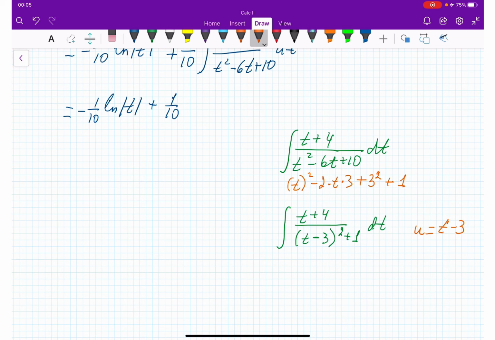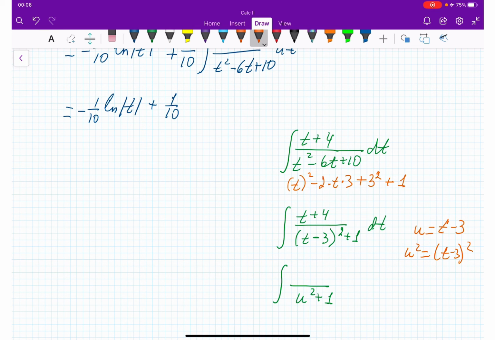And this is going to give me, in the denominator, u squared plus 1, because u squared is equal to t minus 3 squared.